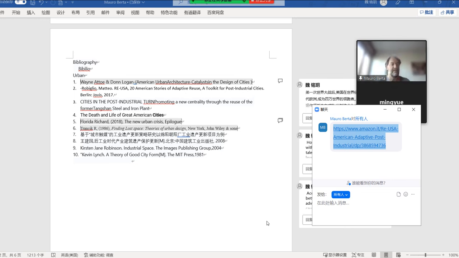But remember that these are specific experiences, these are specific interpretations, okay? Because I can assure you that if you go somewhere and you say, I see that you already mentioned Matteo Robiglio, USA, this book. Yes, the number two, it's this one.